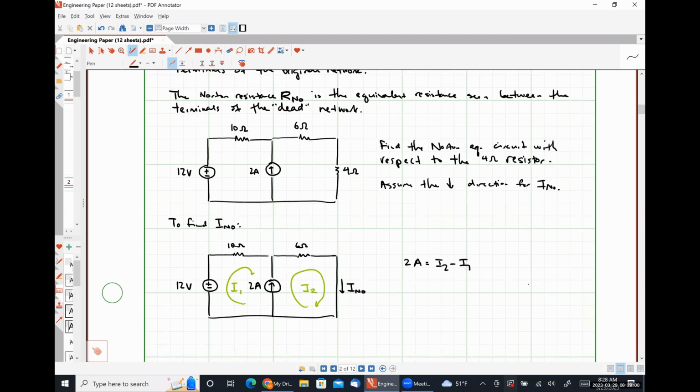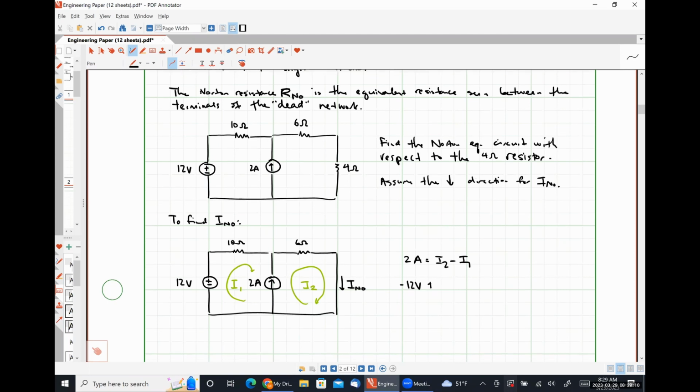Now I'm going to write a KVL equation around the outside loop, since I have a super mesh there. So that's going to look like negative 12 volts plus 10 ohms I1 plus 6 ohms I2 is equal to 0.